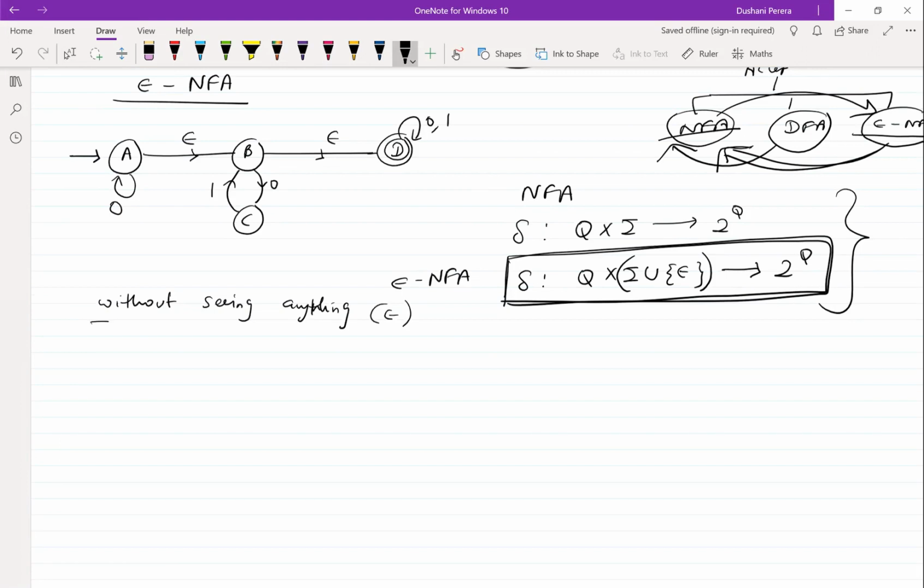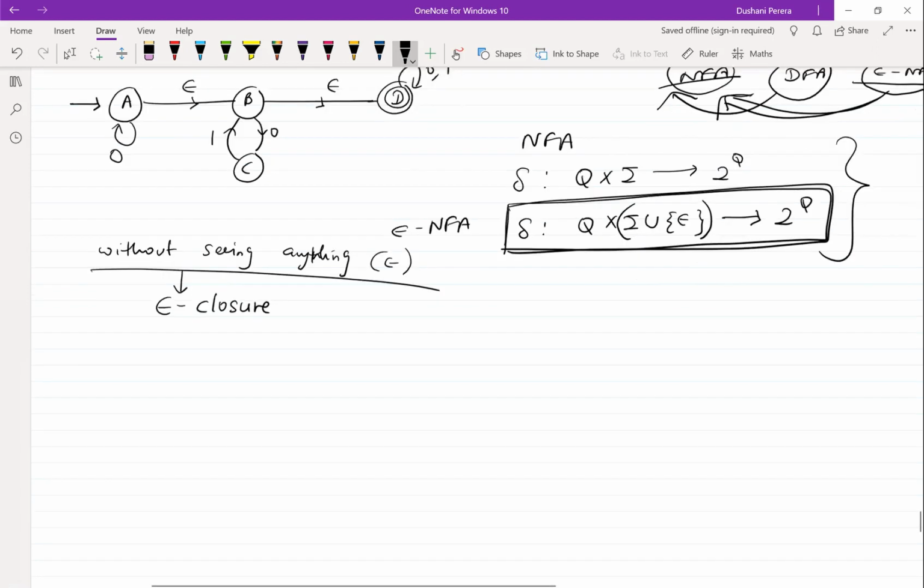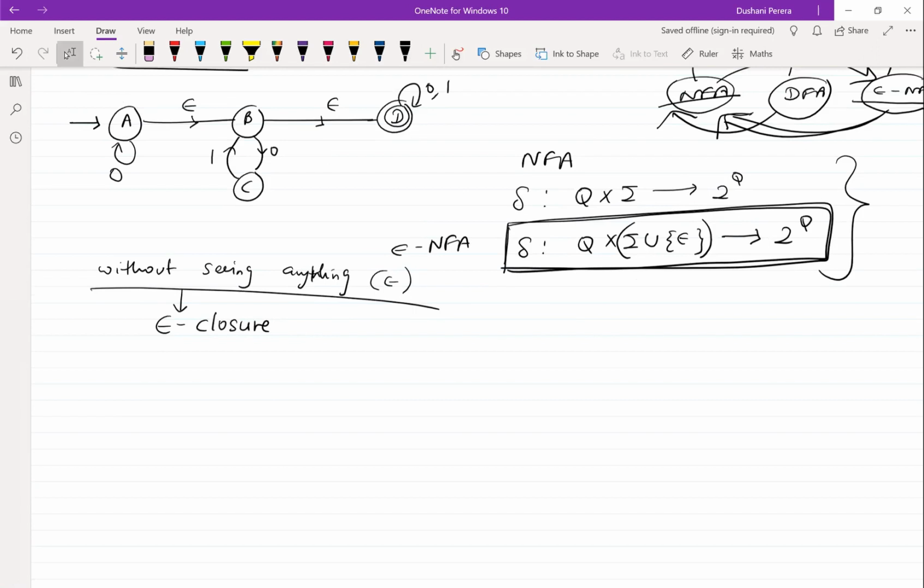We give this a name, we call this the epsilon closure. When there is a null transition, seeing nothing at all, we call this the epsilon closure. So what is meant by the epsilon closure? That means what are the reachable states from a particular state upon seeing epsilon. Okay, upon seeing epsilon from state A, where can you go?